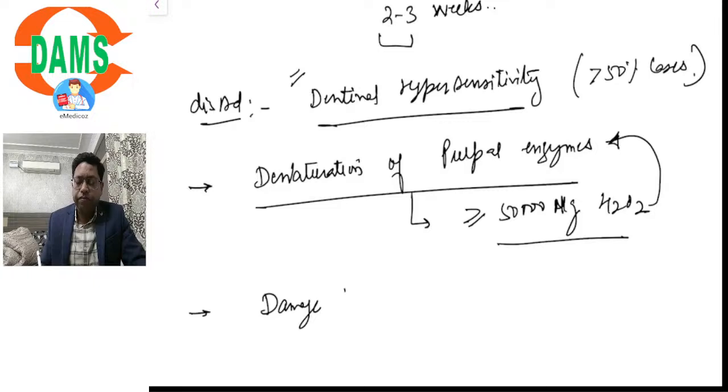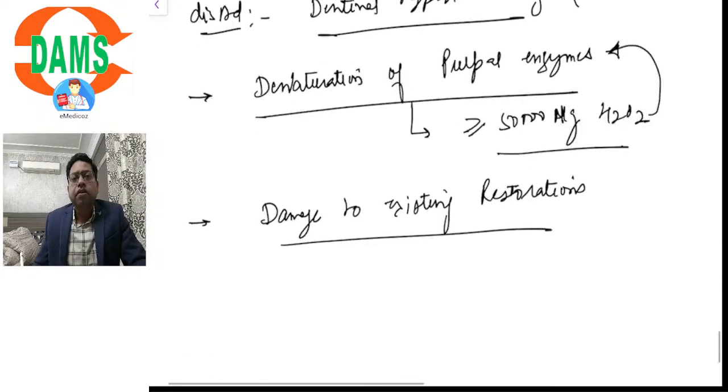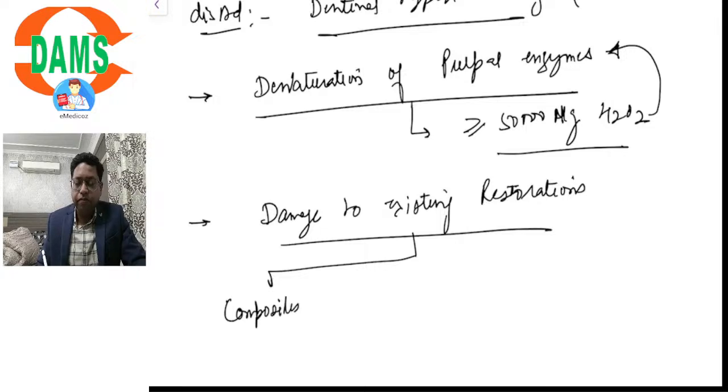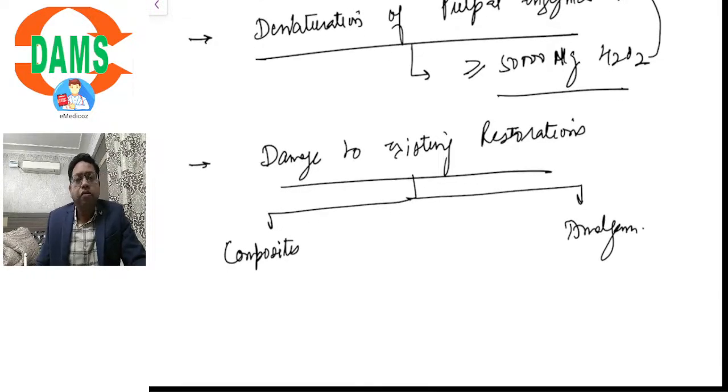Damage to existing restorations. Existing restorations can be restorations like composites, or they can be restorations like dental amalgam. Although amalgam is not frequently used in contemporary dental practice, some patients can have amalgam restorations which were done a couple of years back.